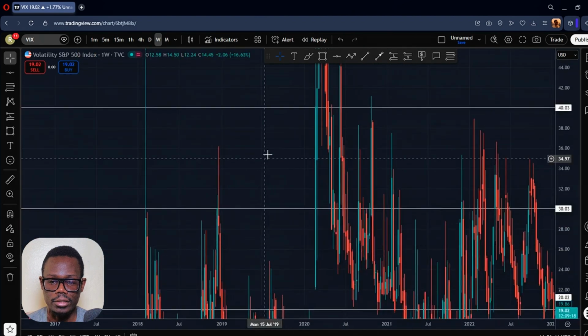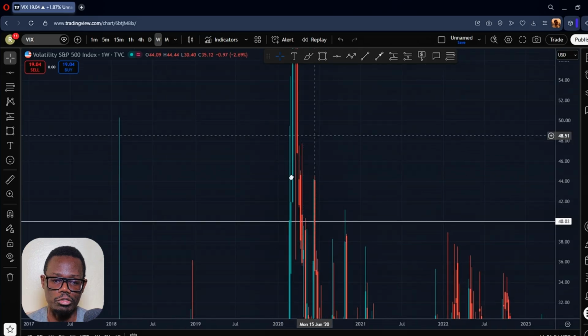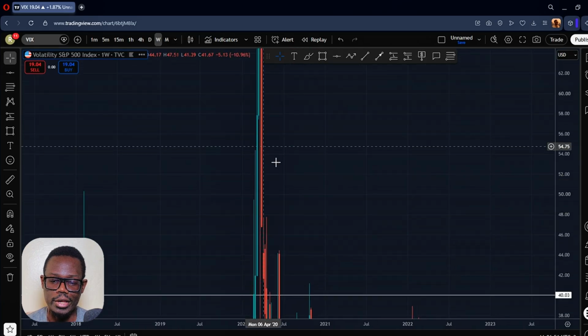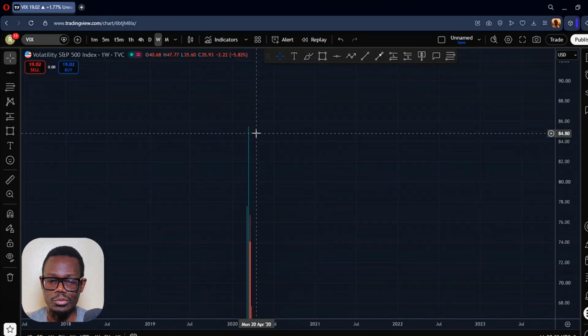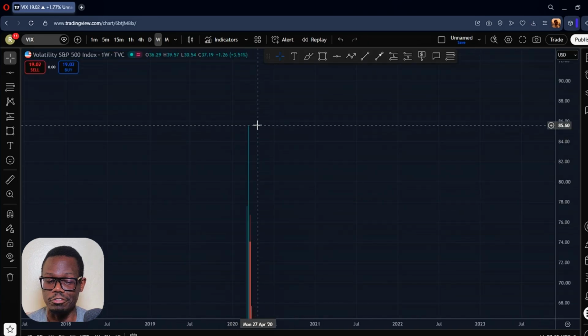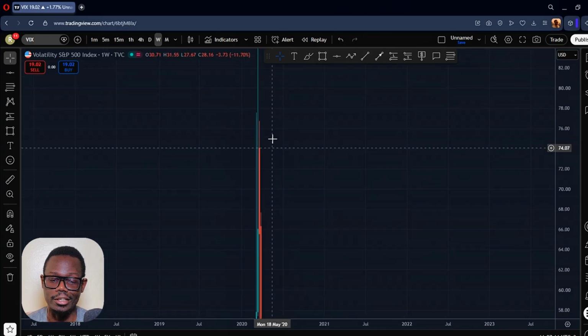As you can see, this was in 2019, 2020, during COVID. It went way above 40. Look at where it reached. This was really, really high. It actually reached 85. Now, if you were selling here, you'd have been a millionaire.